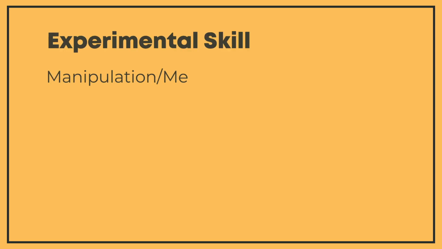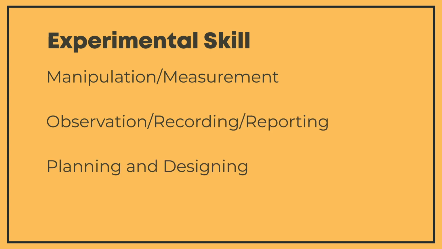But the skill that I'm going to be talking about would not have the entire 5 grading scheme, so to speak. For the experimental skill, there are 3 things that you have to demonstrate to earn the maximum marks. The 3 things that they're looking for would be manipulation and measurement, observation, recording and reporting, and planning and designing.